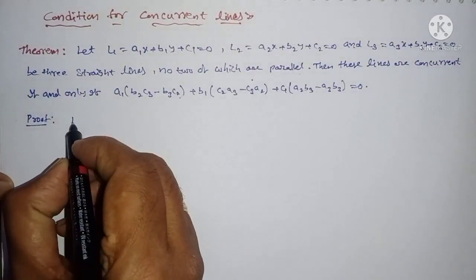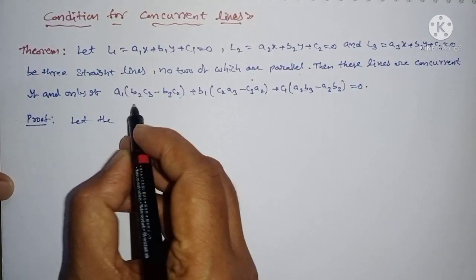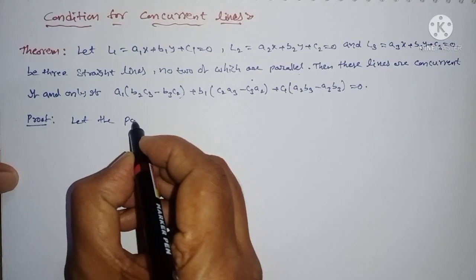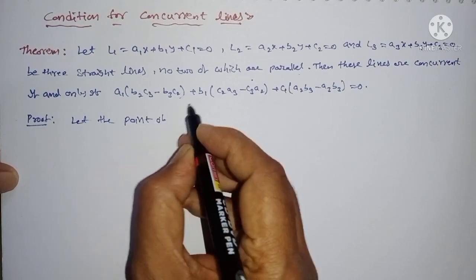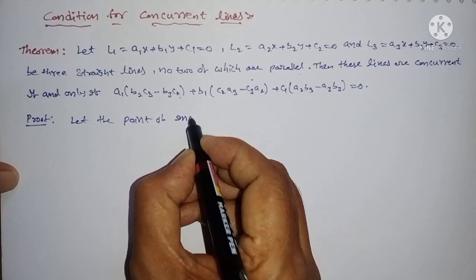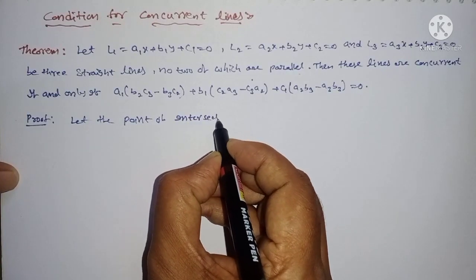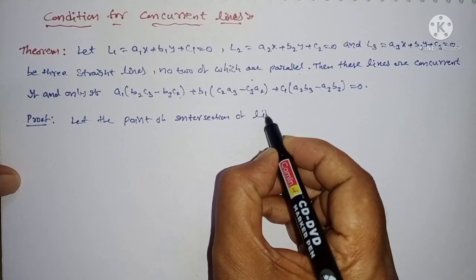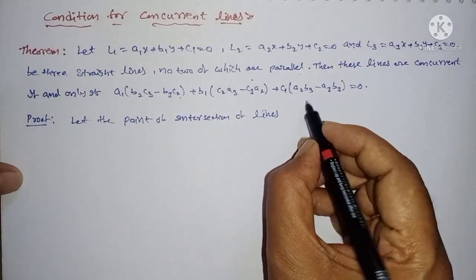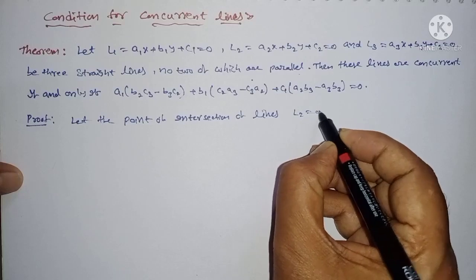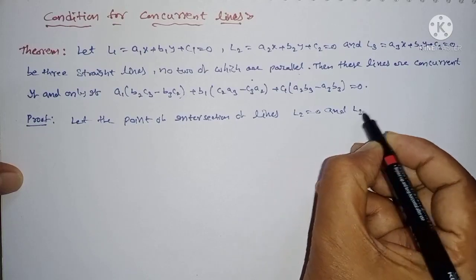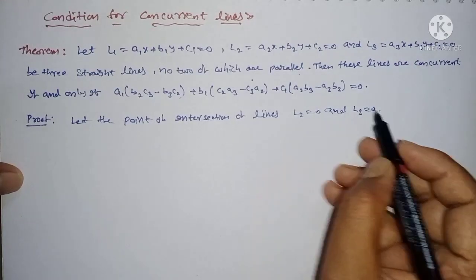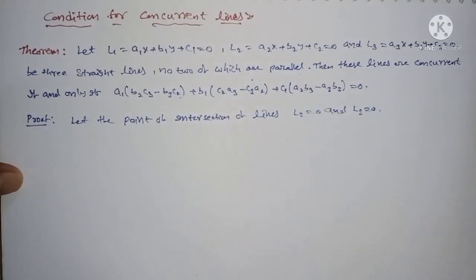Let the point of intersection of the lines L2 is equal to 0 and L3 is equal to 0. I am taking L2 and L3, L1 as it is I am writing.